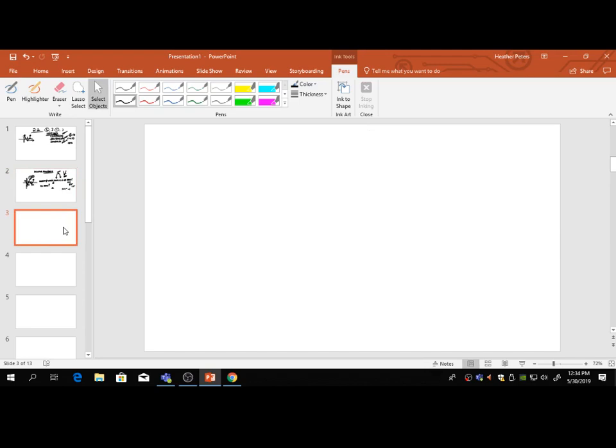Another thing you're going to be asked to do is to tell if a function is even, odd, or neither. So there is a little definition. In order to be even, f of -x should equal f of x.